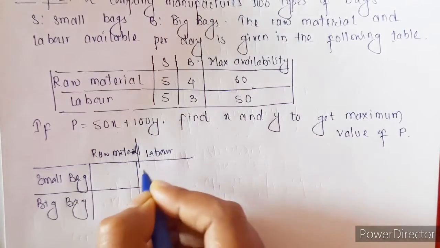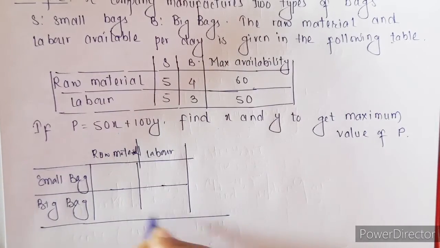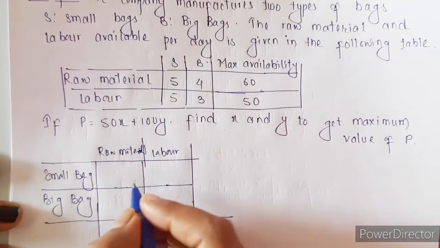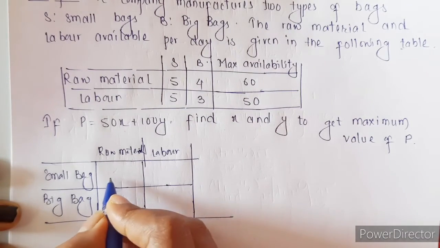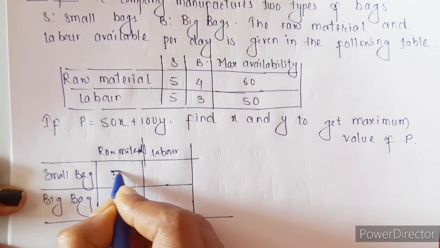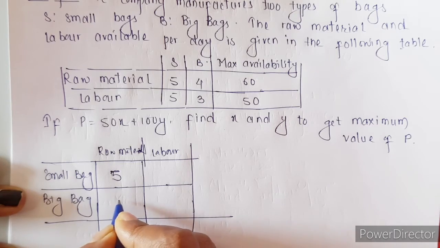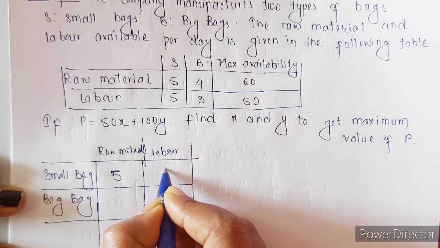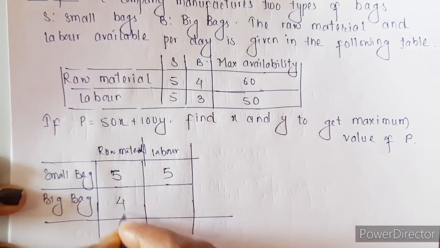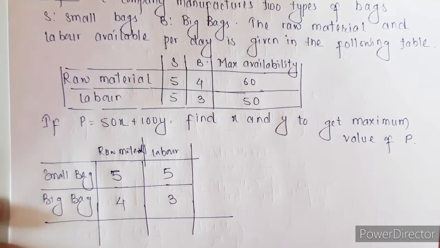Raw material and labor. Now for manufacturing small bag, we require 5 units of raw material and 5 units of labor. And for big bag, 4 units of raw material and 3 units of labor.